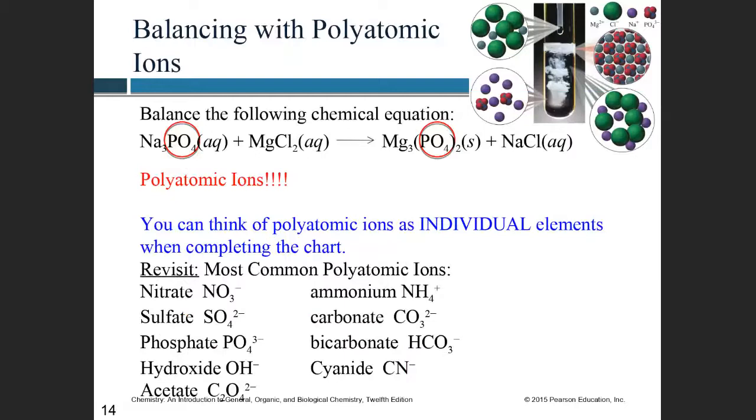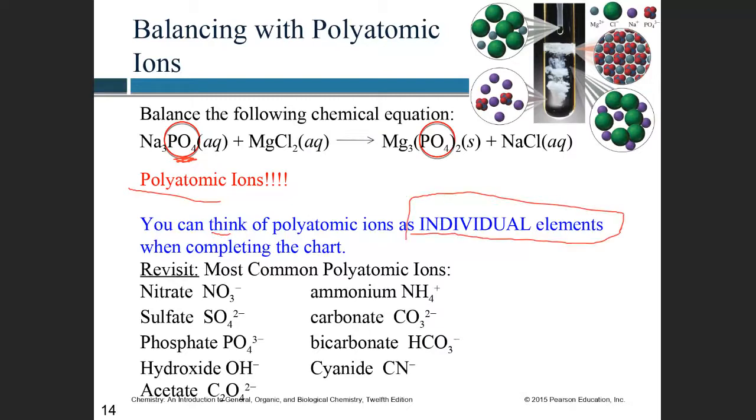Finally, if we are going to balance the reactants or the products and I notice that there is a polyatomic ion, and we talked about polyatomic ions previously in week 6, then when I find a polyatomic ion, we have to think about it as an individual element, like one unit.